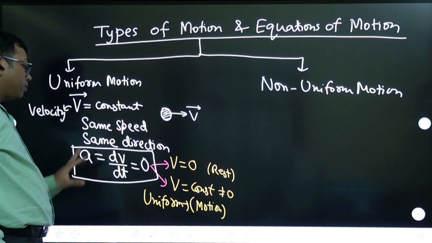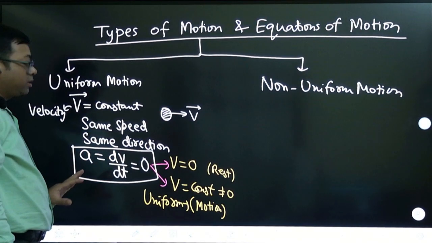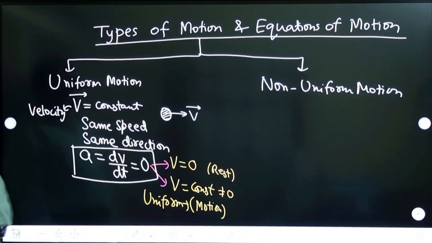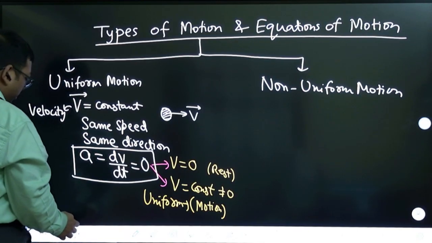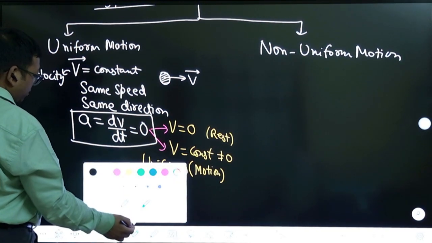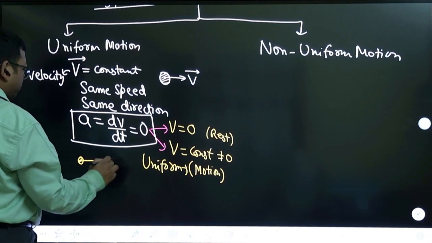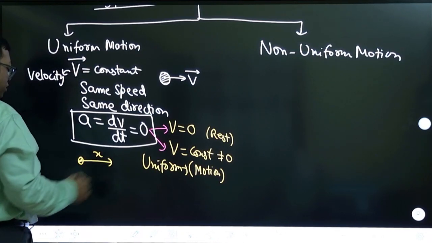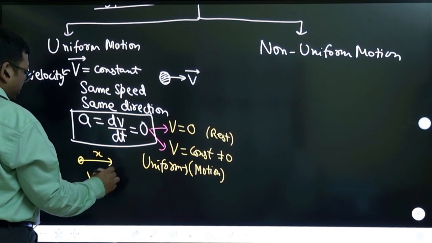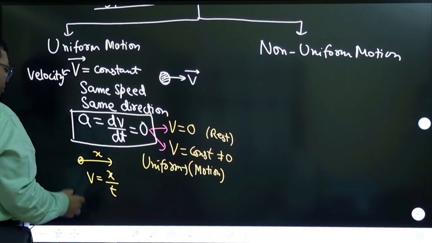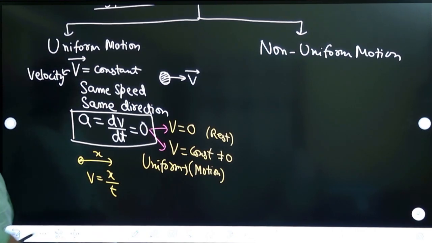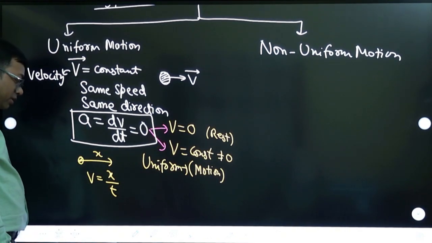So if the body is going with constant velocity, direction is not changing, speed is not changing, then a simple formula is there. Speed equal to distance by time. That's the only equation we have to use. Let us say a body goes a distance of x, or displacement x. So speed is equal to distance by time, or velocity is equal to displacement by time; x can be plus or minus, but if it is speed then x will be distance.